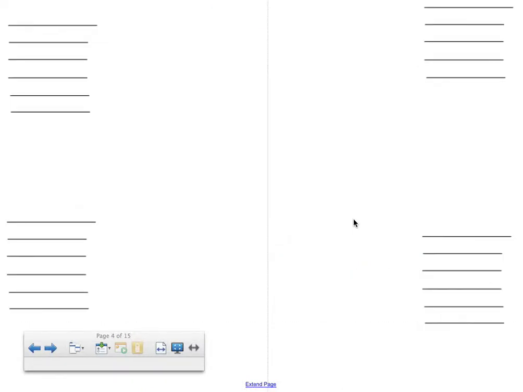So now you have a sheet that looks like this. Put this in front of you. Don't fold it.